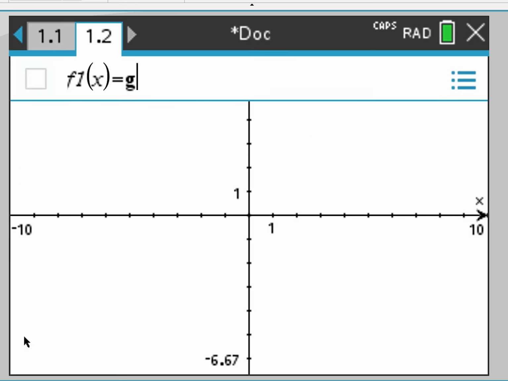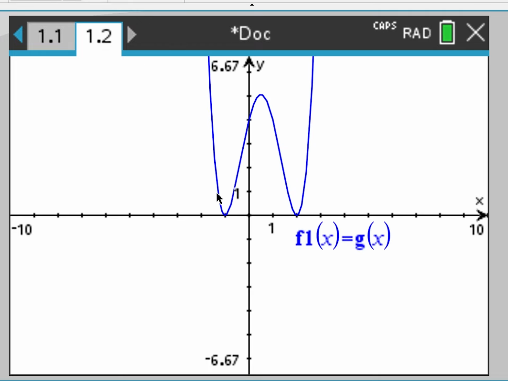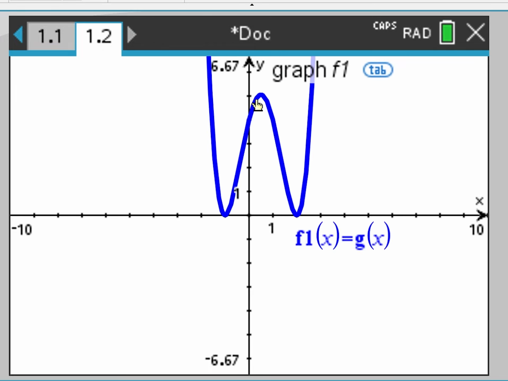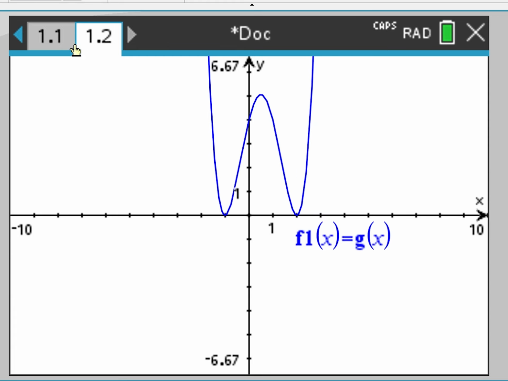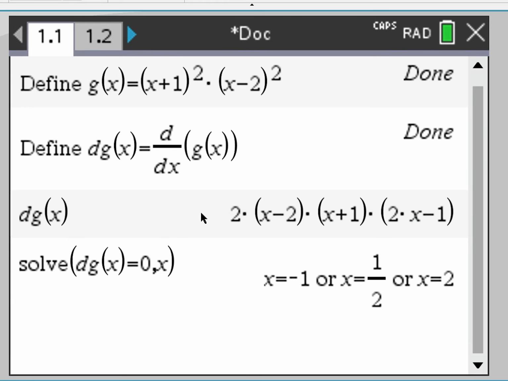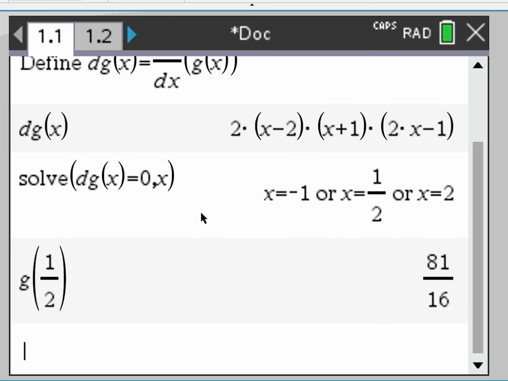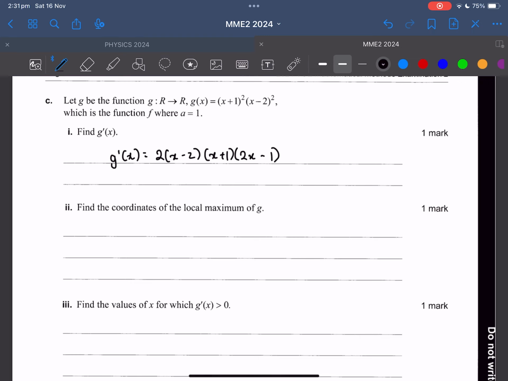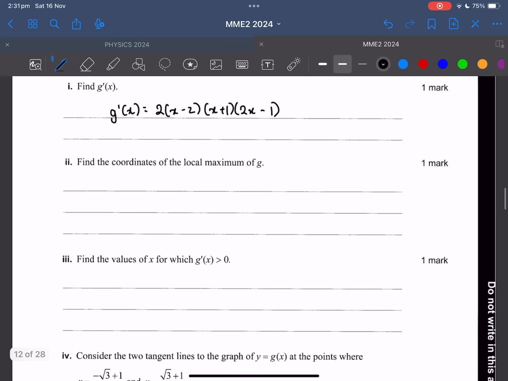If I add graphs, there you go. As you can see, this is -1, a half, and 2. We can clearly see that our maximum occurs when x equals a half. This saves some time while also giving us the advantage of having a visual, ready for future questions. So our local maximum coordinates will be (1/2, 81/16).